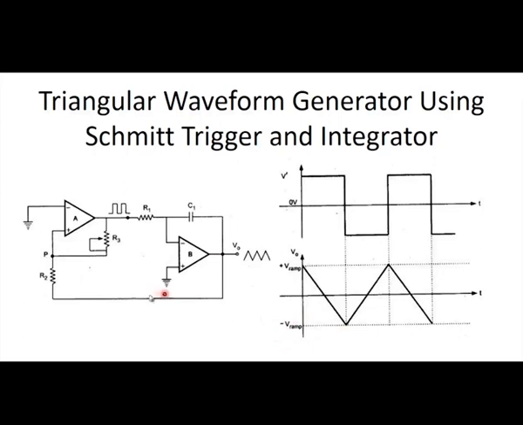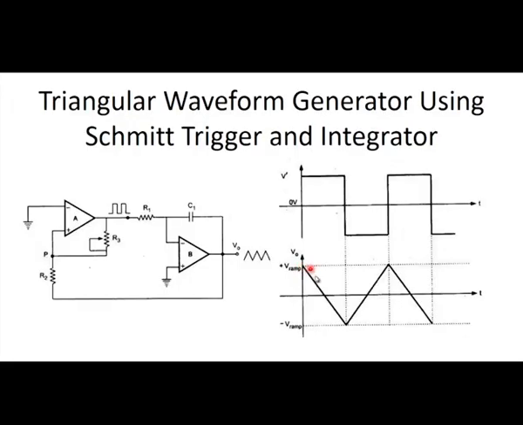This is given to one end of the resistor R2, and here the other end is positive V saturation, and now the effective voltage at the node P is calculated and given to the positive terminal.